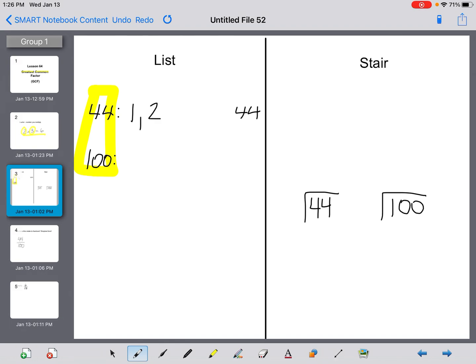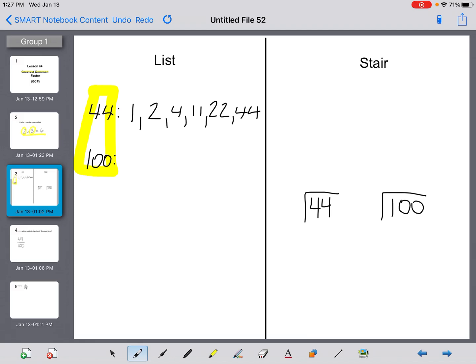And since 44 is an even number, a factor will be 2. 2 times 22 will get you 44. And then there's actually one more set of factors. We have a 4 times 11 will also get you a 44. So those are the factors of 44. And for the list method, remember, you just have to do some thinking about the number, thinking about what you could multiply together to get that number.